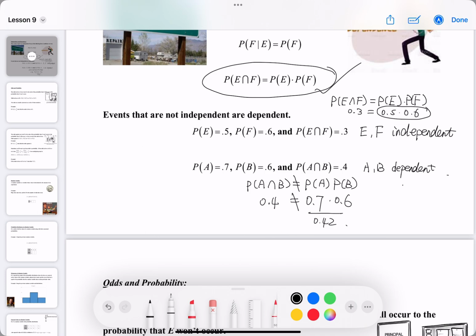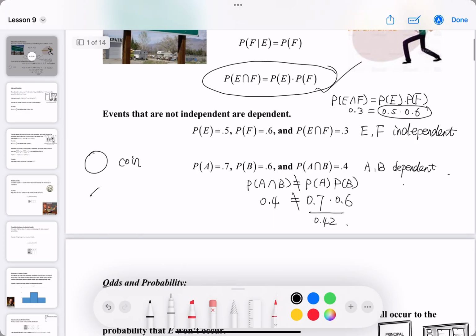In daily life, a lot of events are independent, though I don't prove they are independent. For example, if you are flipping a coin, getting tails or heads, this is an independent event.